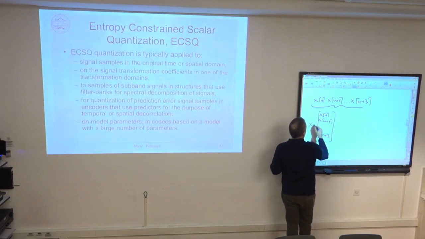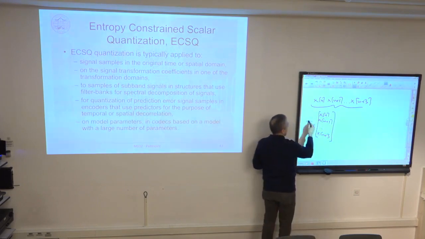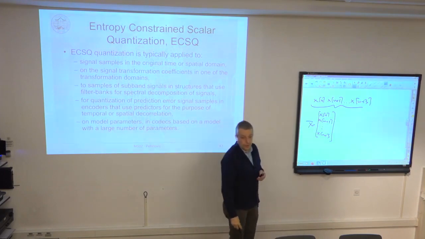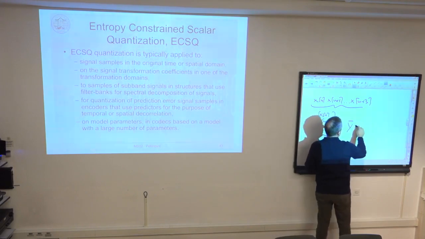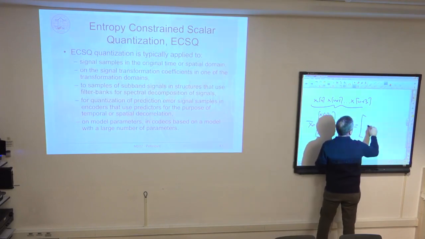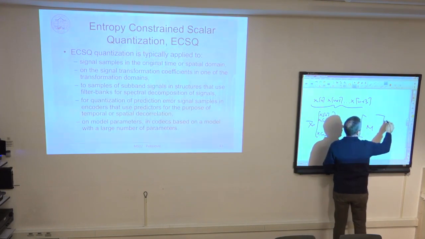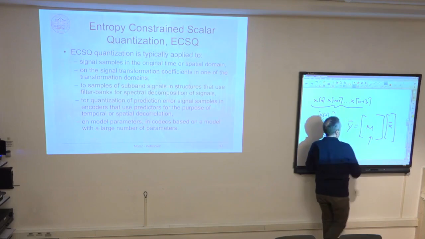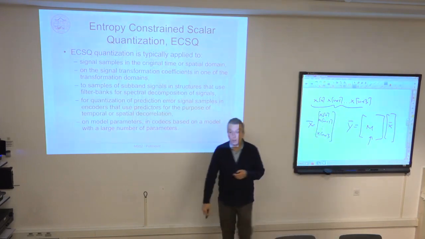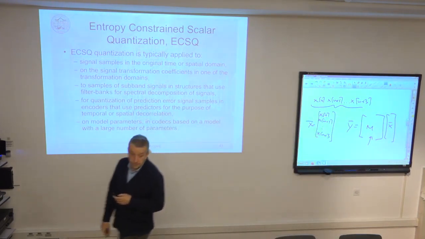That would be the vector x, just to emphasize it as a vector. And then you will compute another vector y as a matrix multiplication of this M and x. And this M would be the transformation matrix.